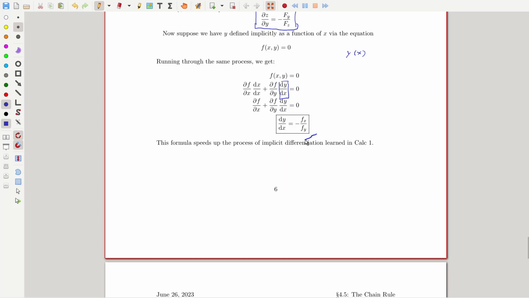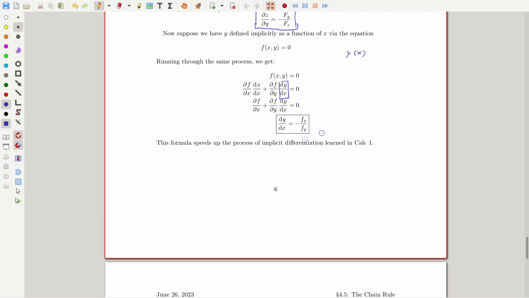Just notice that now that we have this operation, the partial derivative, we can express the process of implicit differentiation in a simple formula, rather than the process that you used in Calc 1, where you took the implicit derivative, then gathered terms that had dy/dx in them and terms that didn't.